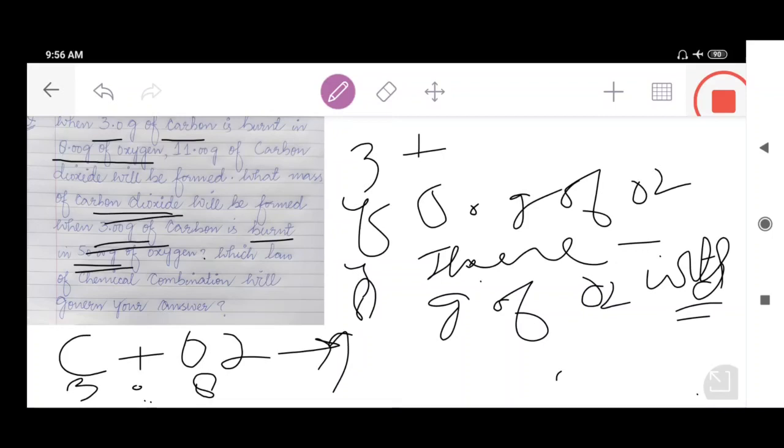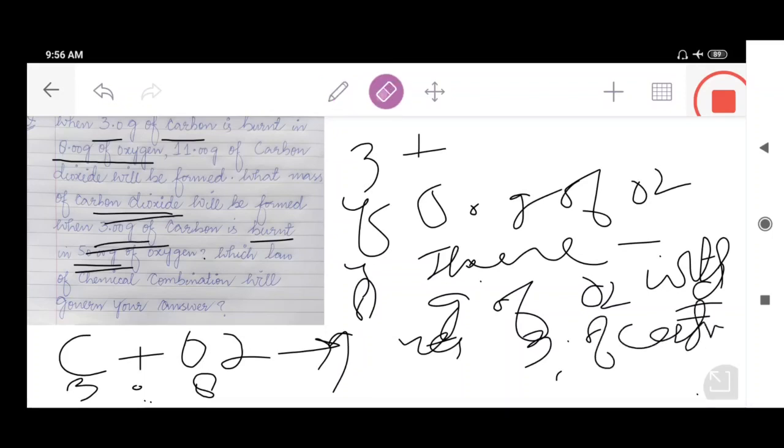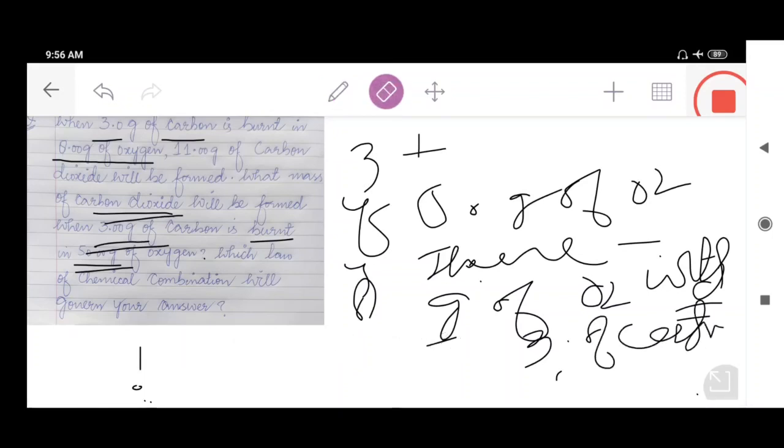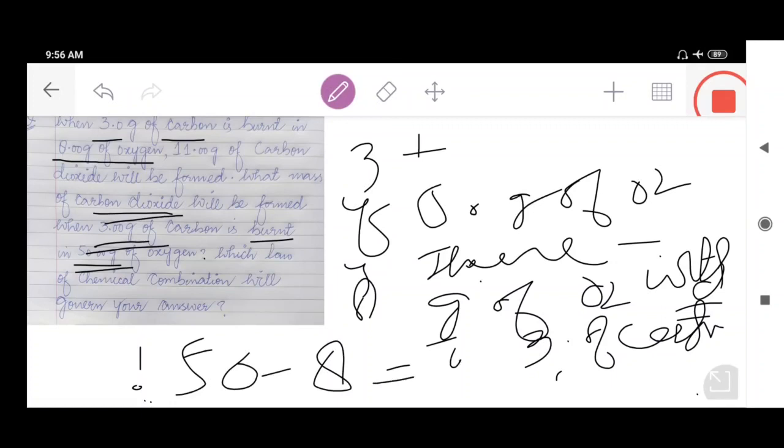Whatever may be the source, whatever may be the process, the ratio will always remain the same. That's why I told you that out of 50 grams of oxygen, only 8 grams will react with 3 grams of carbon. That means 50 minus 8 equals 42 grams. 42 grams of oxygen will remain unreacted.